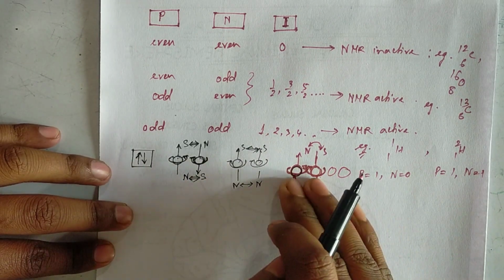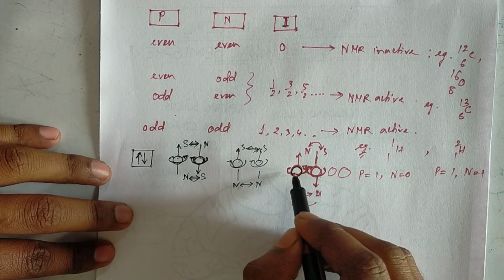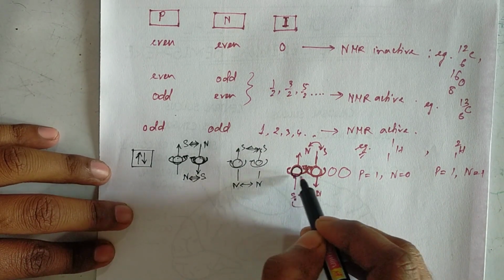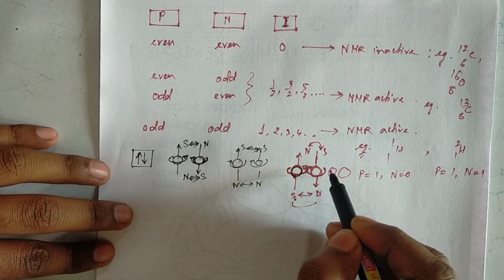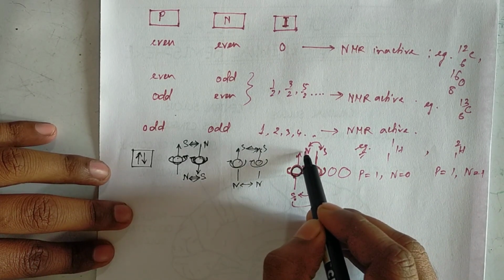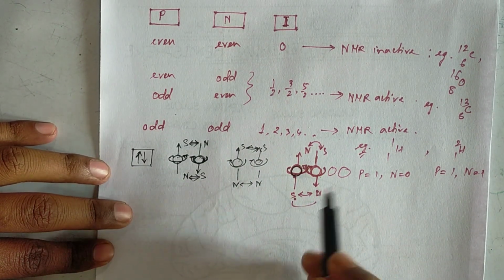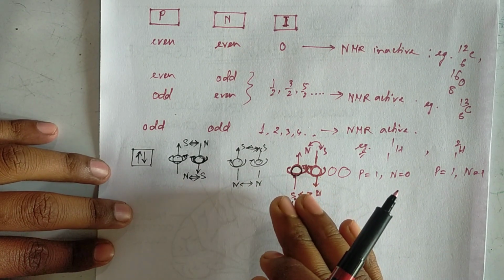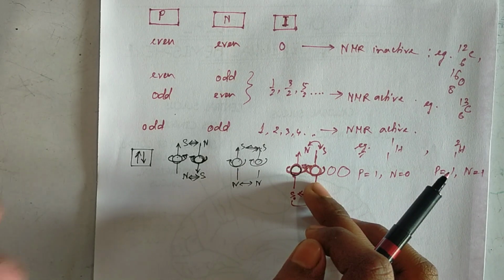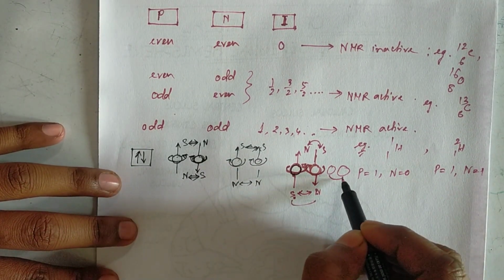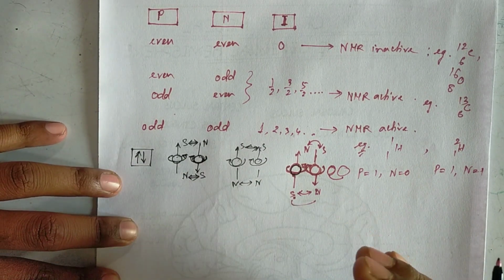These 2 will pair up and become neutral. As this is moving in the anti-clockwise direction and this is moving in the anti-clockwise direction, the north pole will attract this south pole and this north pole will attract this south pole. So these 2 nucleons will pair up and become neutral. Again these 2 will also pair up like this and become neutral.